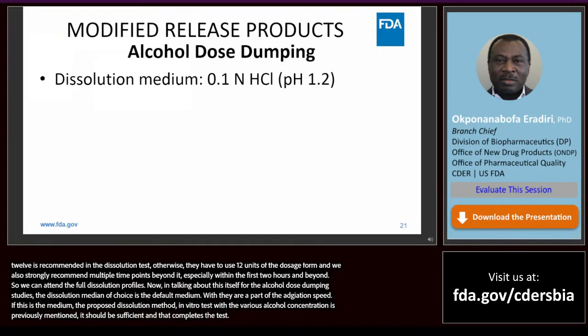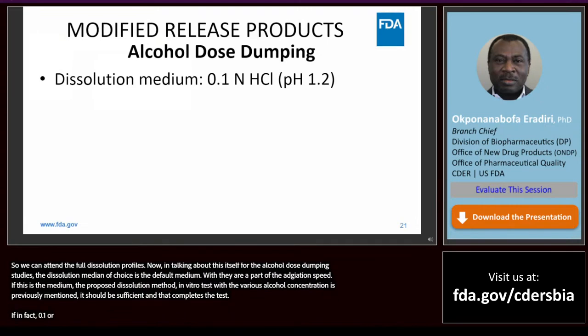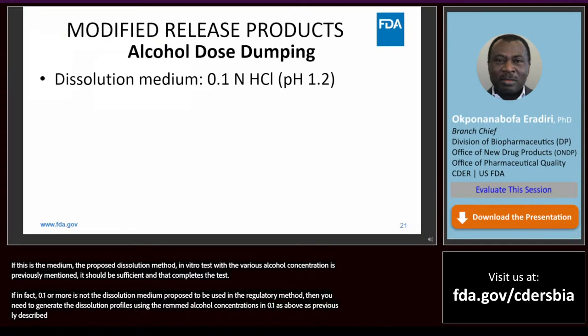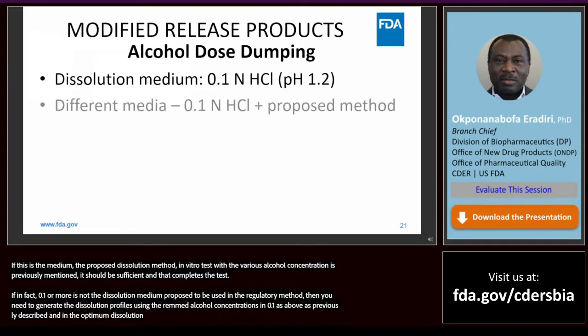If in fact 0.1 normal HCl is not the dissolution medium that is being proposed for use in the regulatory method, then you need to generate dissolution profiles using the recommended alcohol concentrations in 0.1 normal HCl as previously described, and in the optimum dissolution medium itself. So you actually run slightly longer experiments.